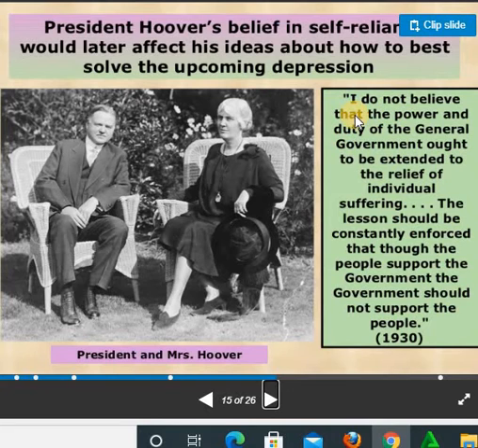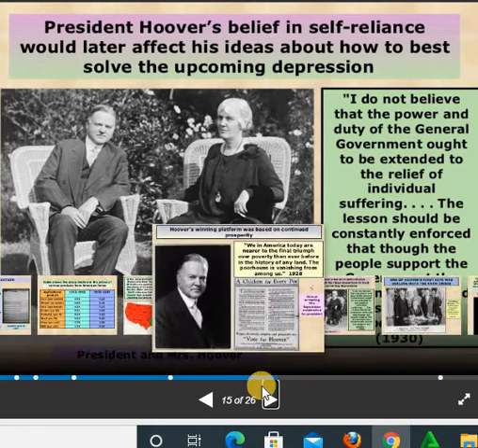He was caught to have said, "I do not believe that the power and duty of the general government ought to be extended to the relief of individual suffering. The lesson should be constantly enforced that though the people support the government, the government should not support the people." So, what we're saying here, he as the president represents the government. So he was saying the government will not support the people.